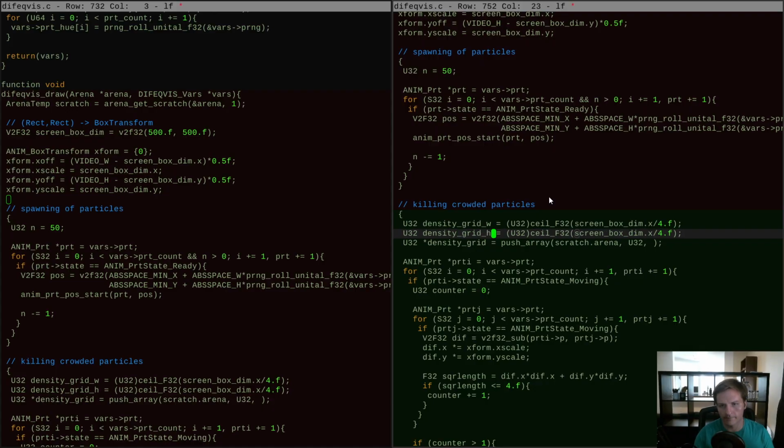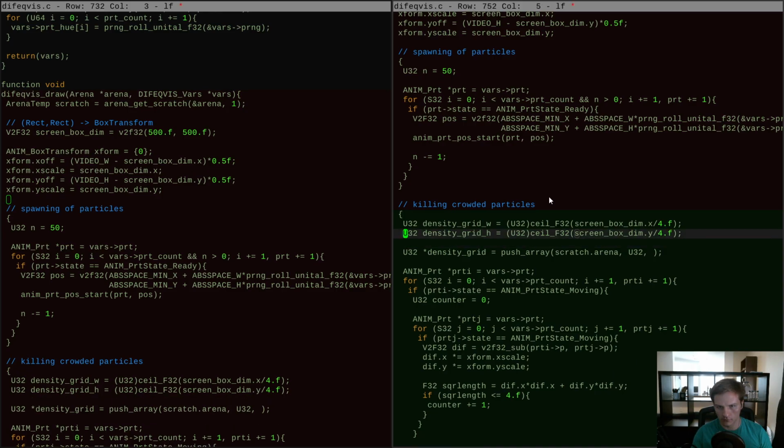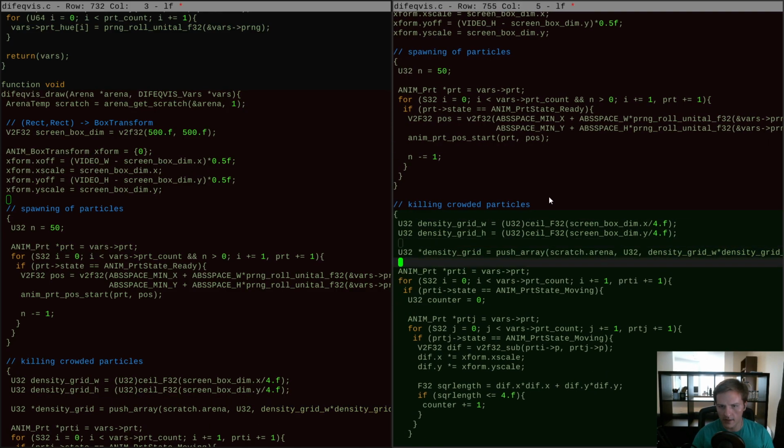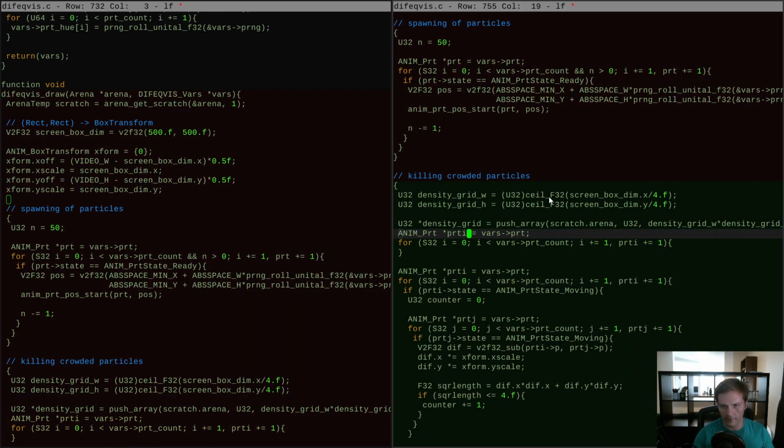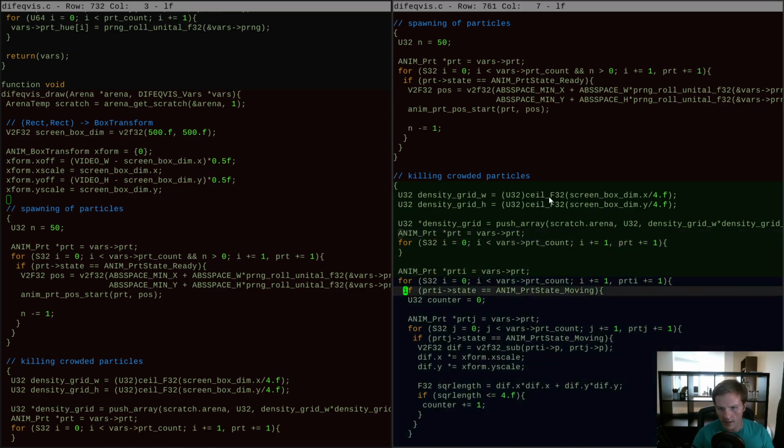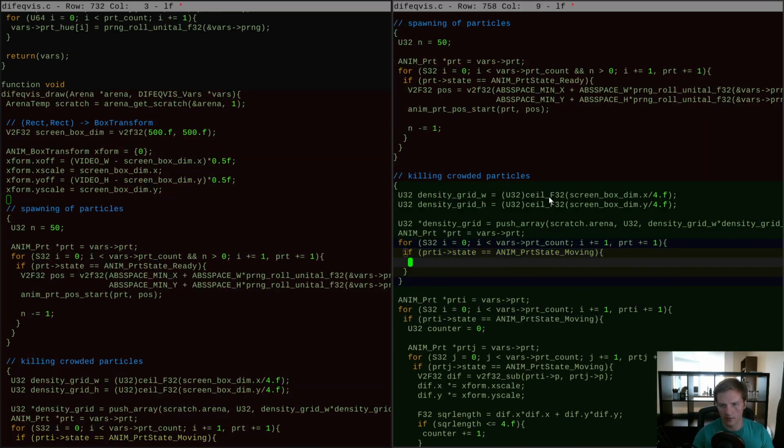How about that? So now we get a counter for each of these. Now we're going to scan the particles once, not a double scan, a single scan.